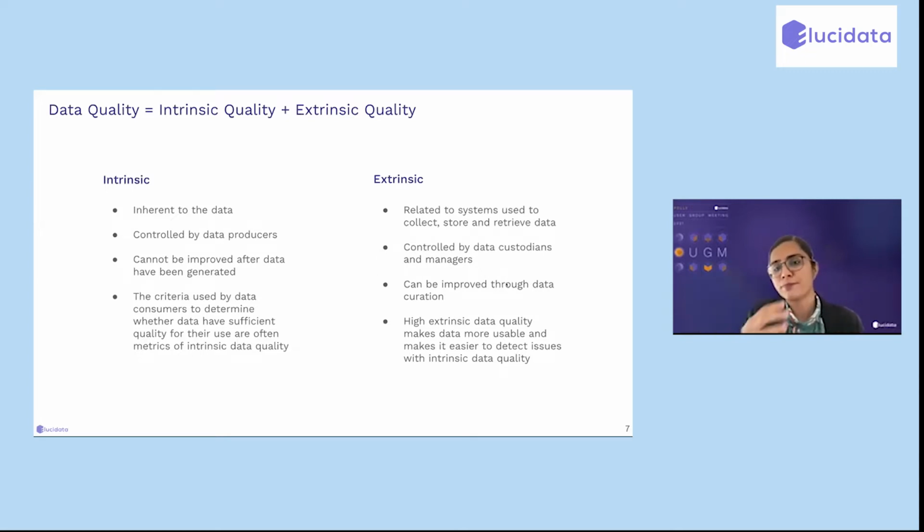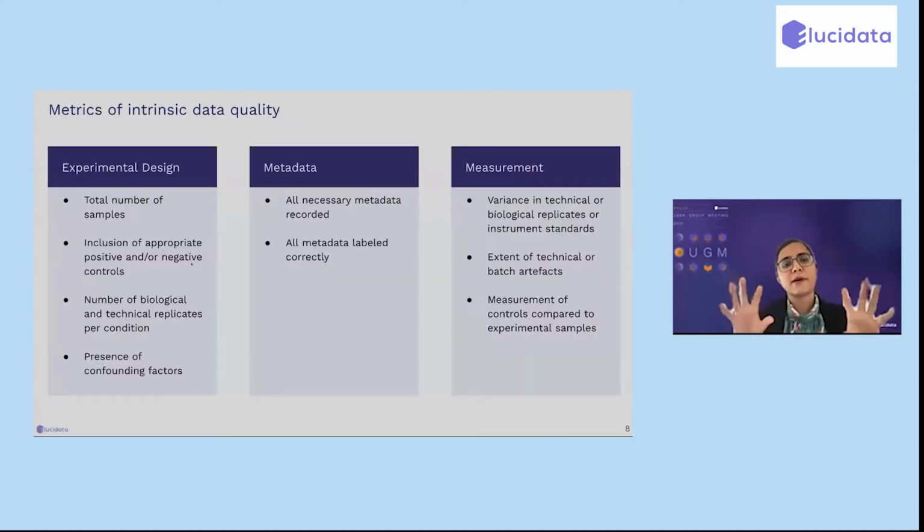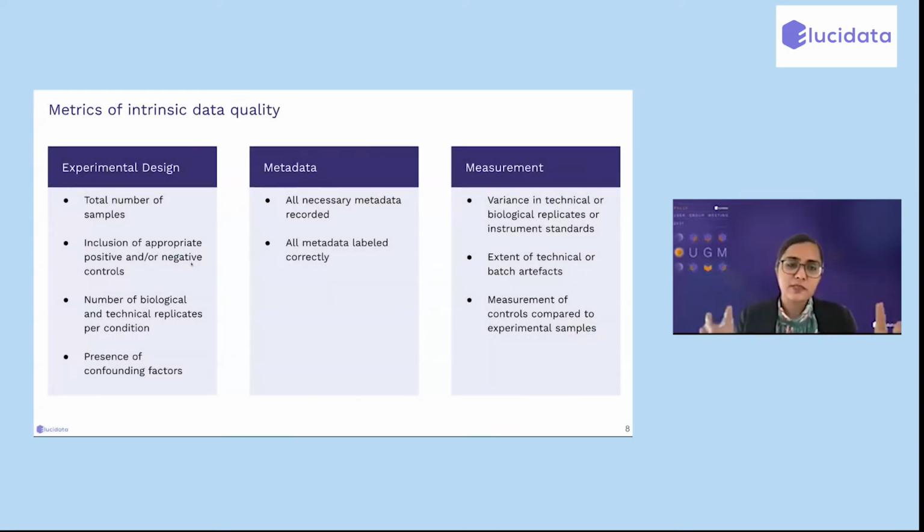And it can be improved through the process of data curation, which again, I'll talk about in more detail later. And high extrinsic data quality makes data not just more usable, but it also makes it easier to detect issues with intrinsic data quality.